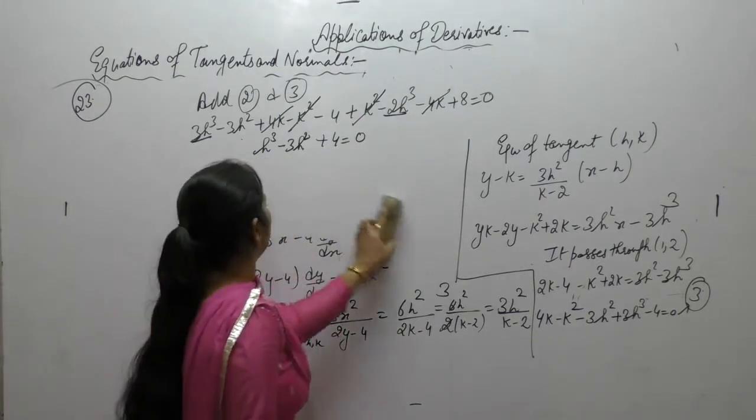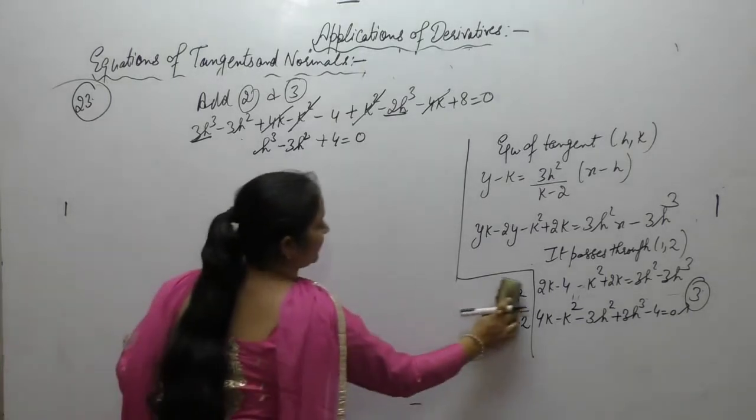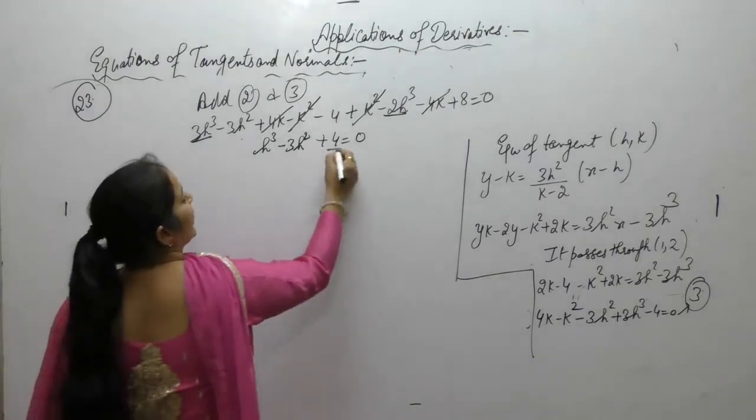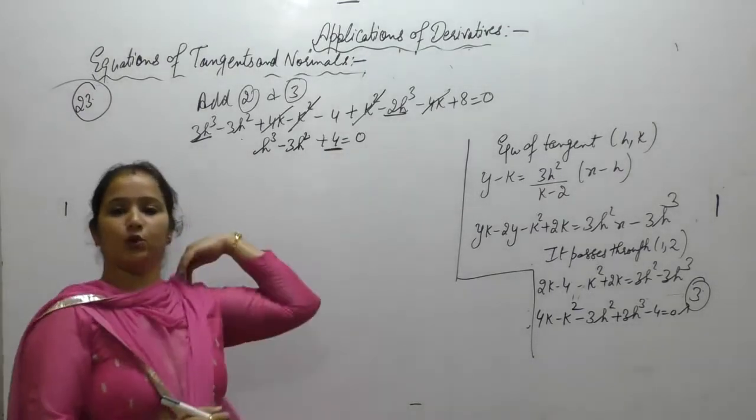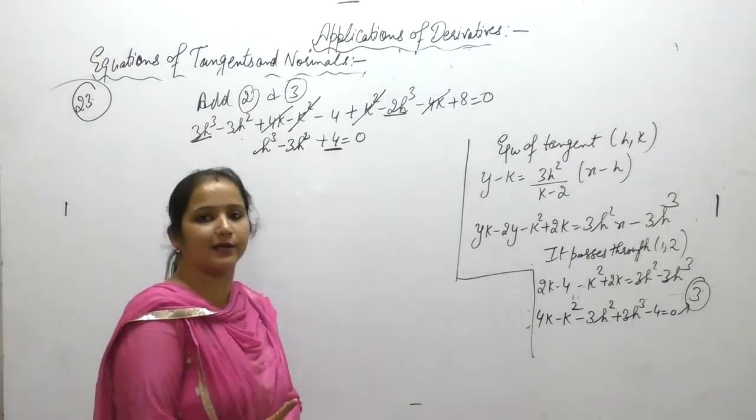Now this is the cubic polynomial, and we know how to solve it. We have to put the factors of 4: plus minus 1, plus minus 2 and plus minus 4.